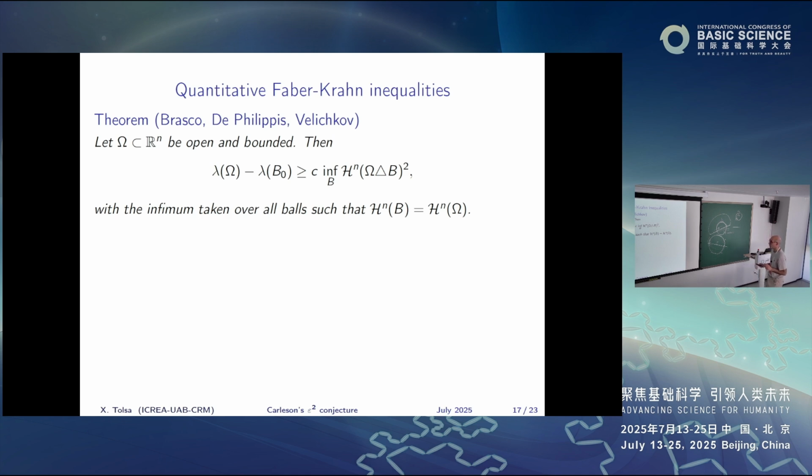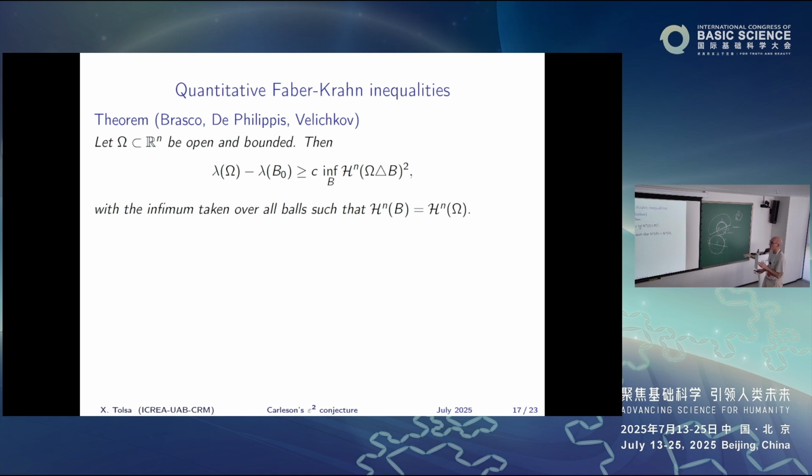And the power 2 is sharp. So this is a geometric quantity that measures how much larger this first eigenvalue is than the one of the ball. It's a very nice result.